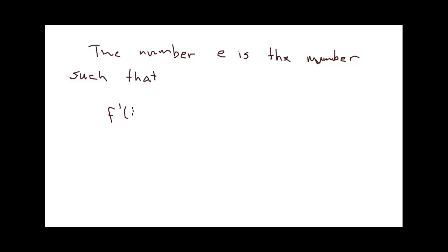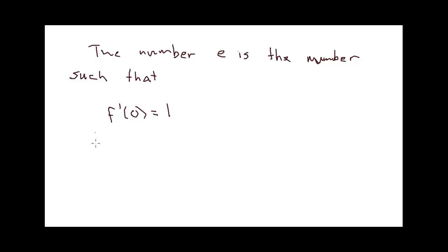The number e is the number such that, we'll write it formally with a limit, the derivative at 0 is 1. We want it to have a slope of tangent of 1.